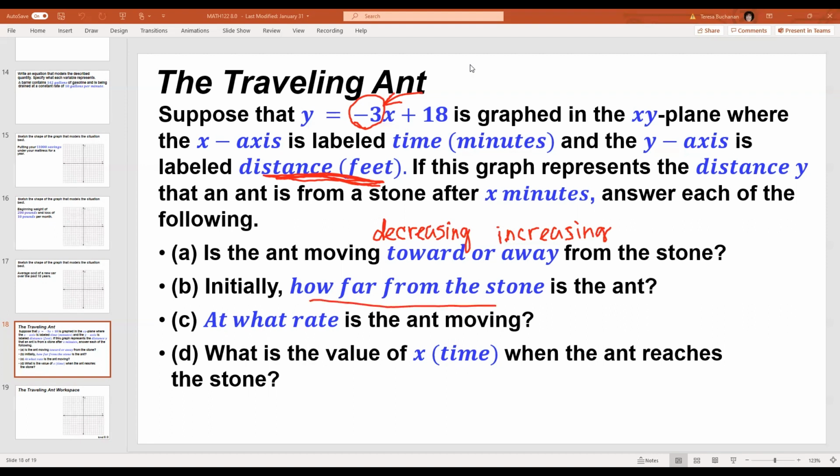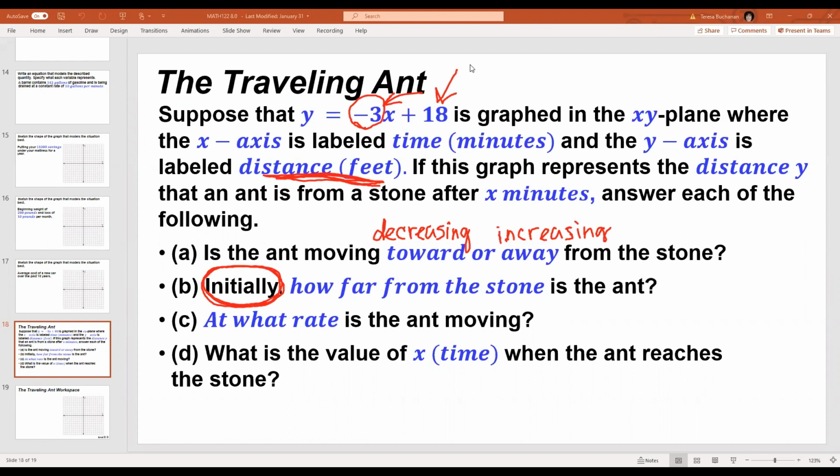Initially, how far from the stone is the ant? We spoke a minute ago about the fact that at time equal to 0, at any starting point, whenever you talk about the beginning of something, you're talking about a y-intercept.